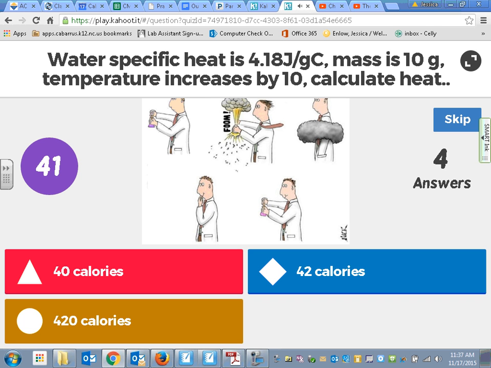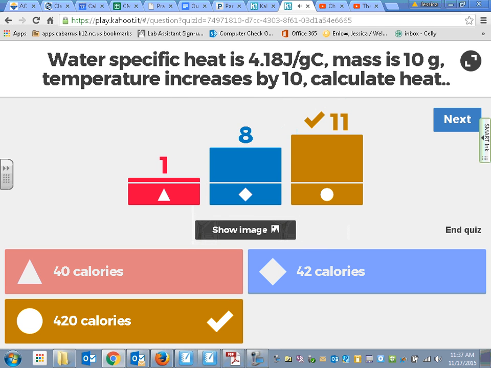So it's mostly right, but the units are wrong. I meant to change this after because I went back and put it in joules versus calories.